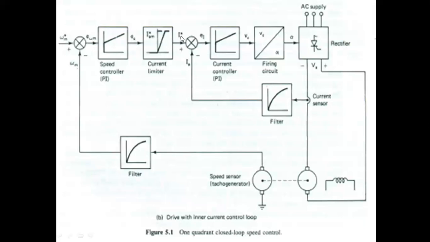The armature current IA is now sensed by the current sensor and filtered, preferably by an active filter, which removes the AC ripples, and compared with the reference IA star. The current error is now processed through the PI.